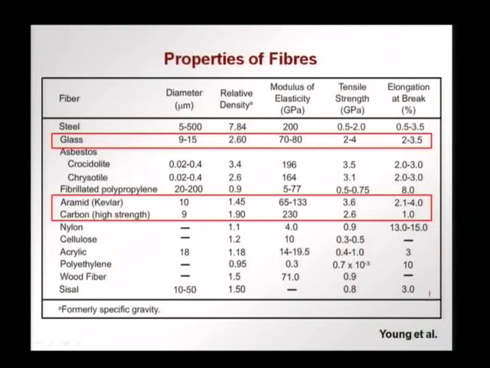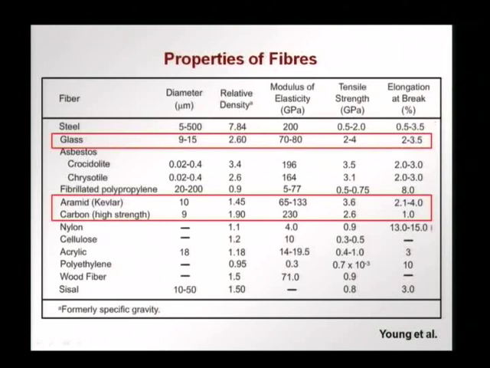There are other fibers also, but we do not use them very much. Asbestos is now being phased out because it can cause health problems. Fibrillated polypropylene is used in concrete as a reinforcement, but not in the FRP, same as in steel. Steel fibers are used a lot in fiber reinforced concrete, we will talk about it later.